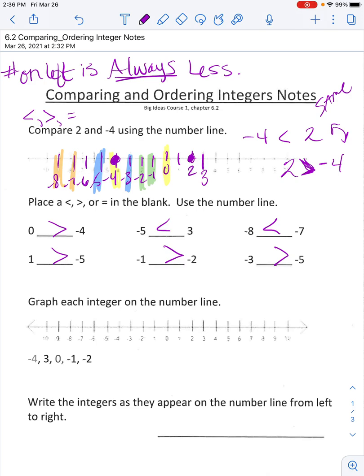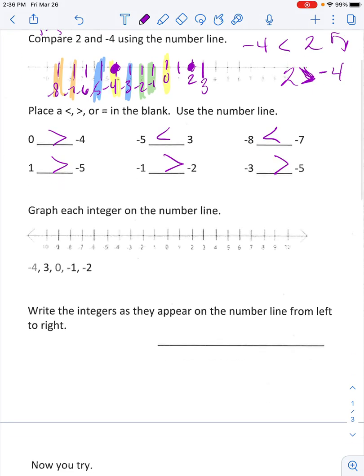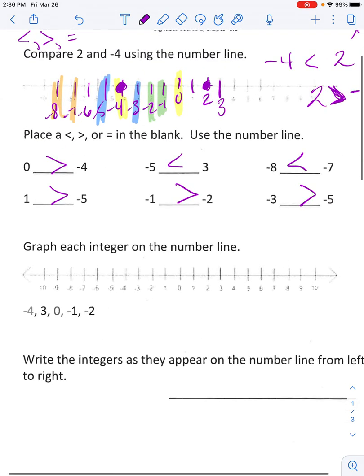Graph each number on the number line, and then we're going to start comparing. So I have a -4. Let's label these since the number lines didn't come through all the way: +3, 0, -1, and -2.